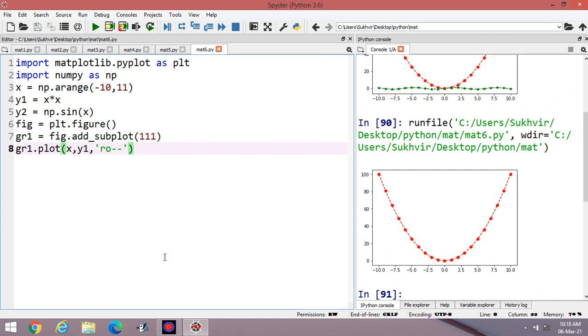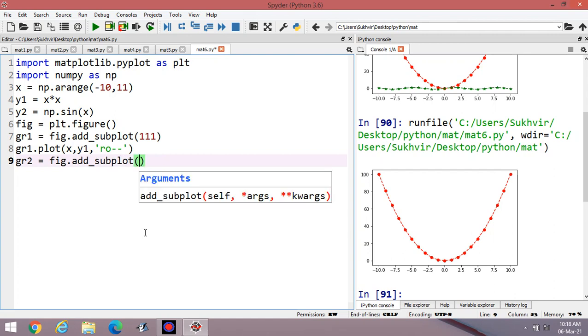Suppose I have to design the second graph at this location. This location is empty. Then what to do? gr2 is equal to figure.add_subplot.